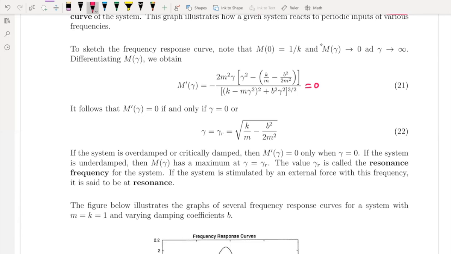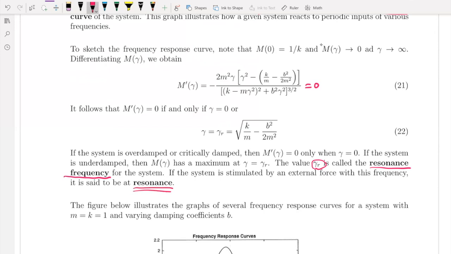But it is more interesting for the underdamped motion. When underdamped, we have another maximum at this point, right? And we're going to say this value, gamma R, is called the resonance frequency. So if the system is stimulated by an external force with this frequency, we say it is resonance.